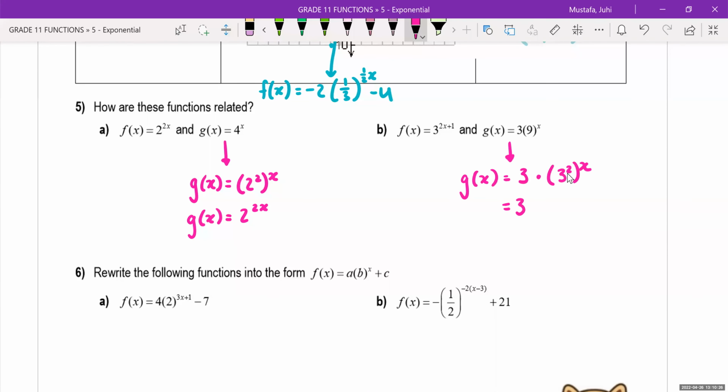This is like saying 3 to the power of 1 times 3 to the power of 2x. And when you have the same base multiplied together, you can add the exponents. So you're going to get 3 to the power of 2x plus 1, which is the same as f of x.